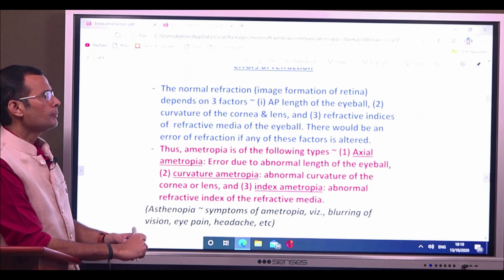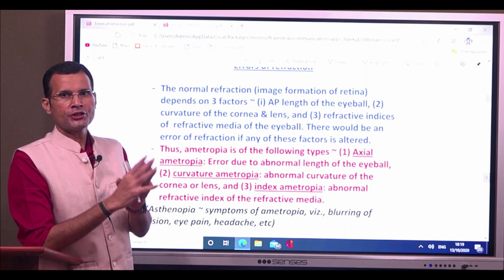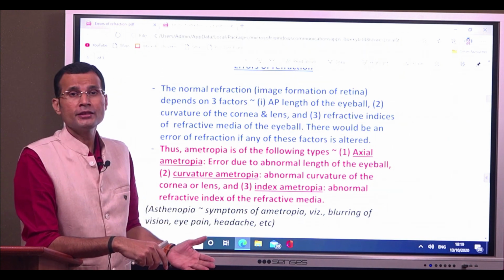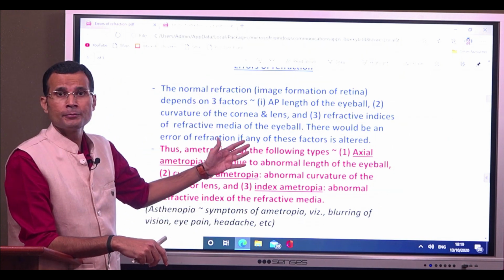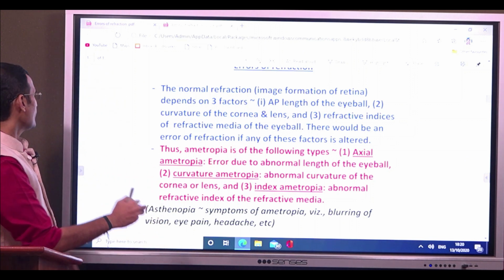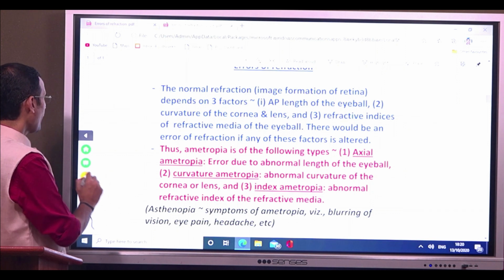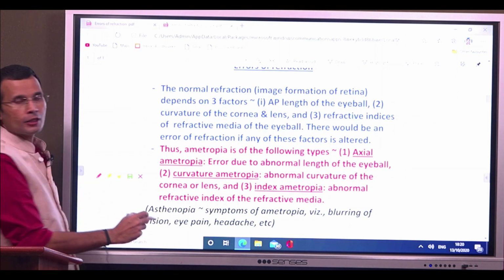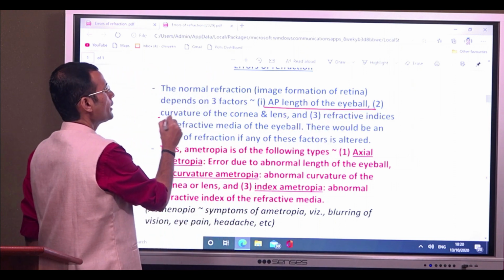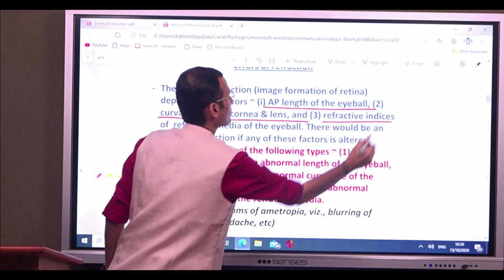So, there would be an error of refraction and image will not form on the retina and the object will not be seen clearly if any of these three is defective. So remember, these three are the factors which we always would consider when we understand the errors of refraction.